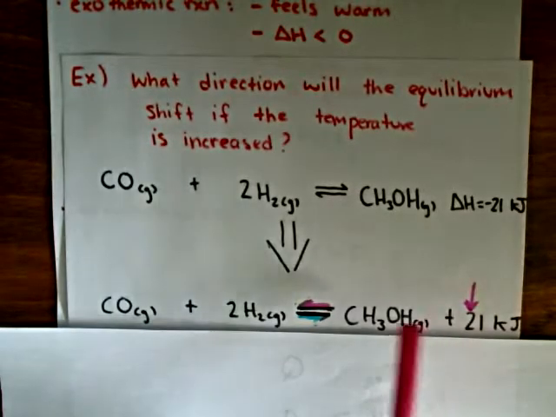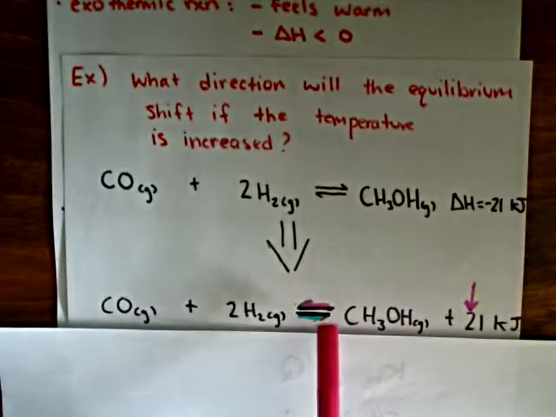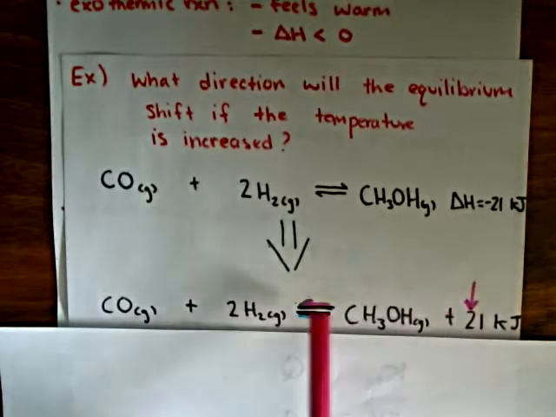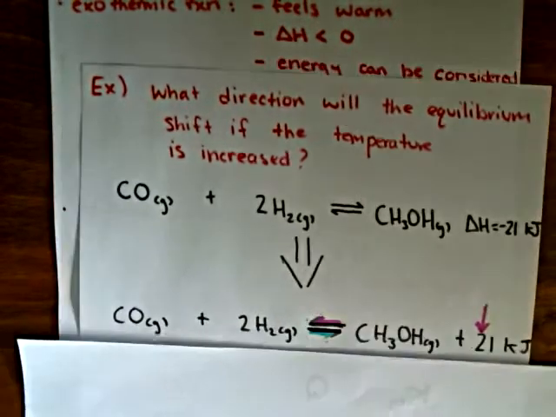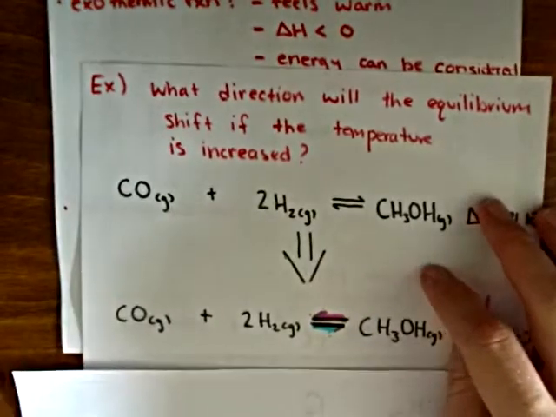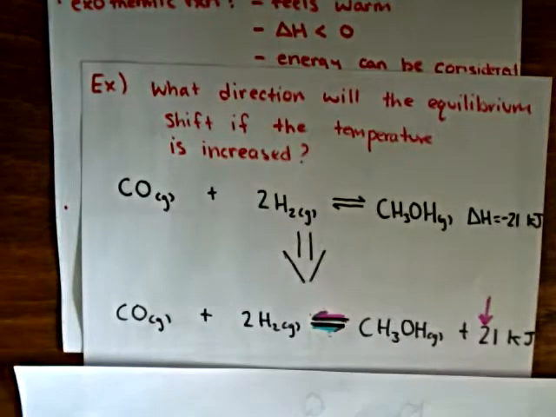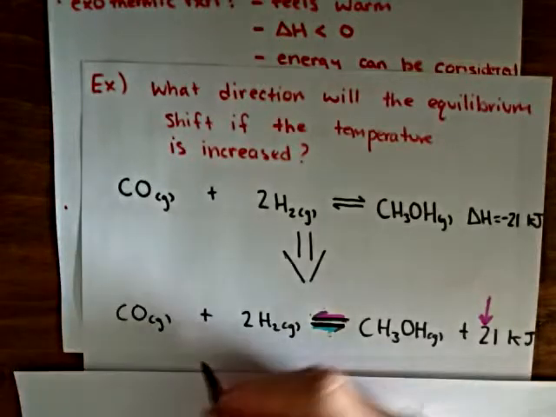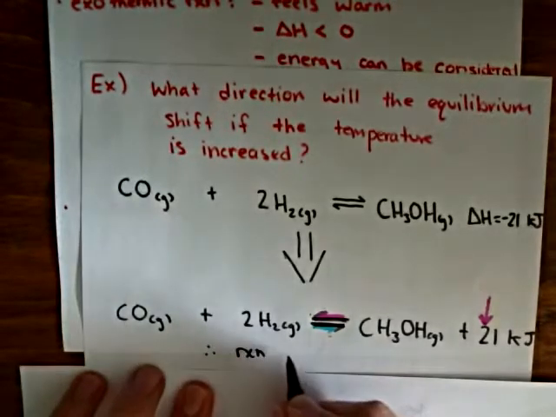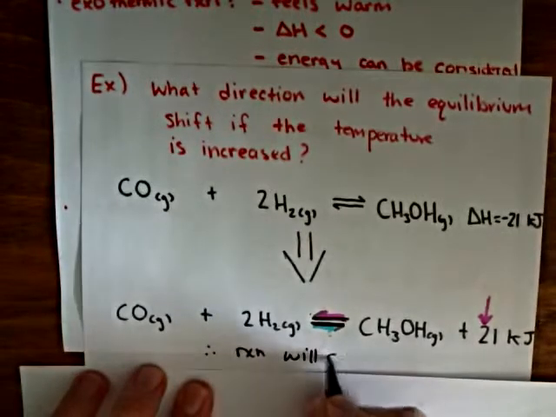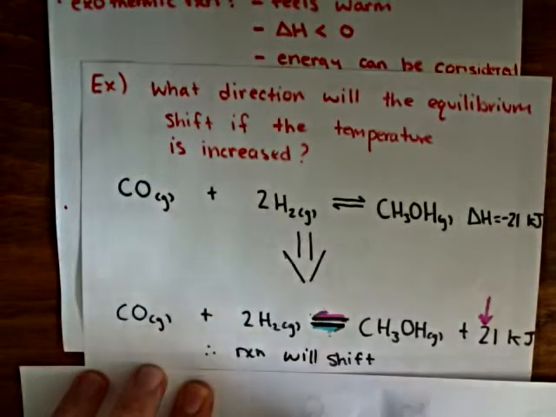So that means that whatever direction this corresponding red arrow is pointing is the direction that the equilibrium will shift if the reaction is warmed. So therefore, we can say the reaction will shift left.